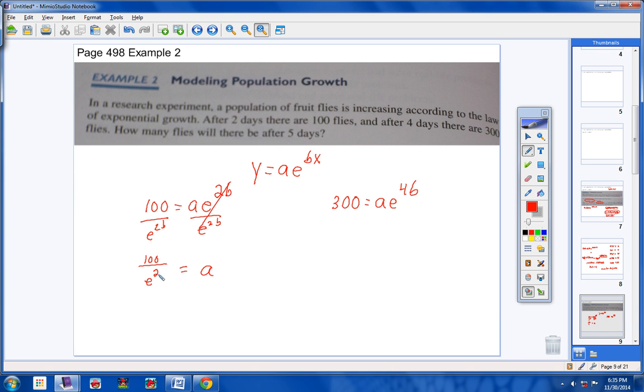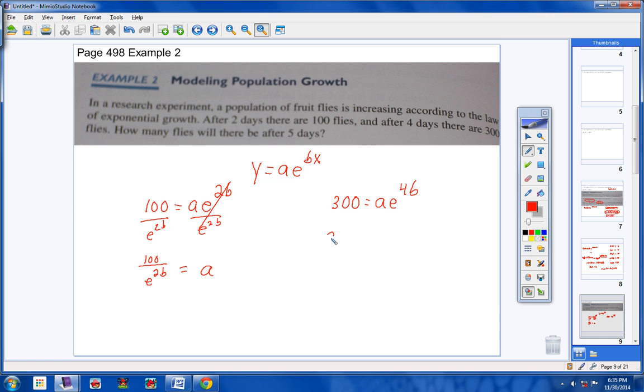Now, why didn't you solve for b, Mr. Earhart? Well, I could have, but it is easier, you'll see, to solve for a, okay? Now, look what a equals. A equals 100 over e to the 2b power. So I come to this equation, and I put that in for a.